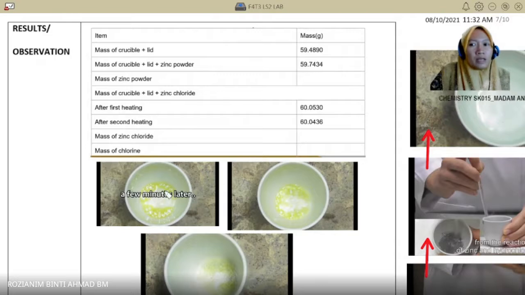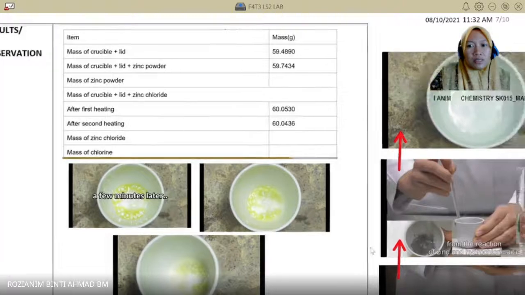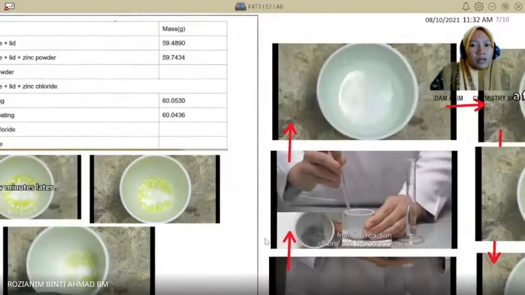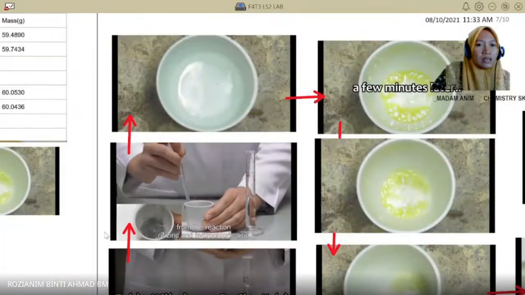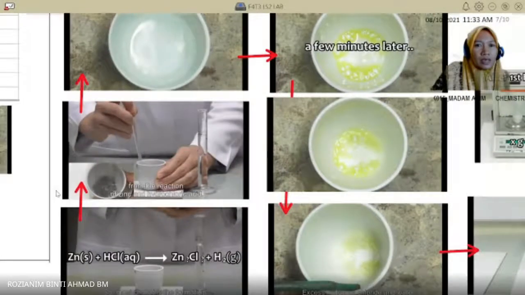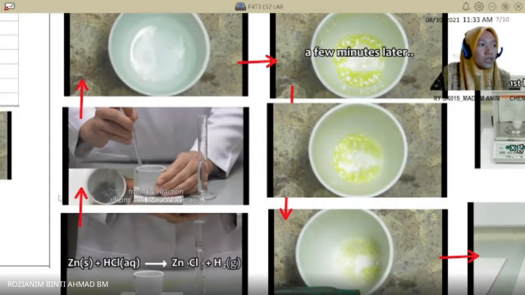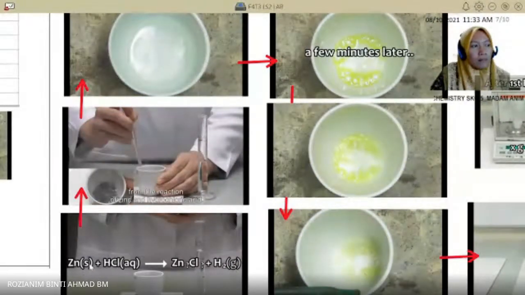Okay, daripada procedure experiment, okay, the mixtures between zinc powder and hydrochloric acid before heating, okay, it should be homogeneous solution. So this the part of area dia masukkan zinc powder and hydrochloric acid. We stir it, okay, make sure homogeneous solution form.